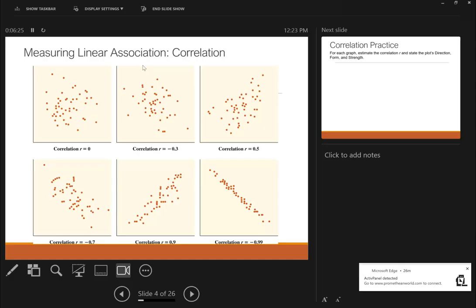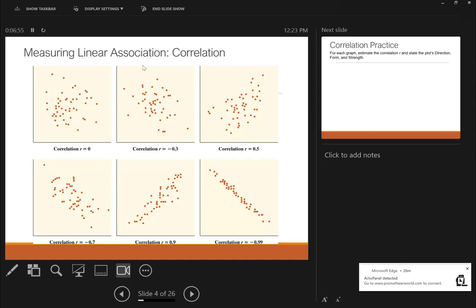If you look at scatter plot number 3, it looks a little bit more noticeably increasing if you read it from left to right. Here the R value is 0.5. That's still weak, but getting a little bit better. Scatter plot number 4, the correlation is negative 0.7. Now this is starting to look much more like a line with a negative slope. Scatter plot 5, the correlation is 0.9.